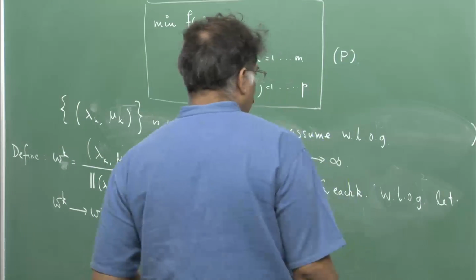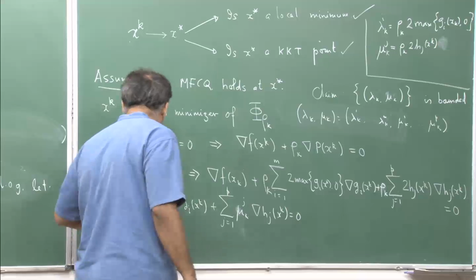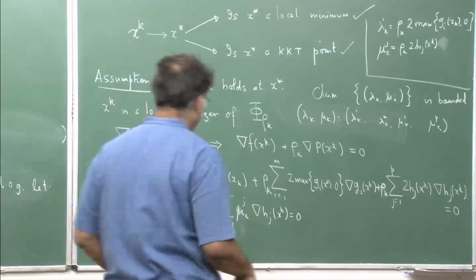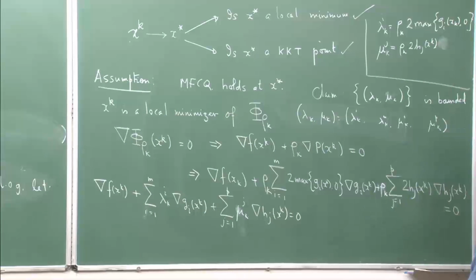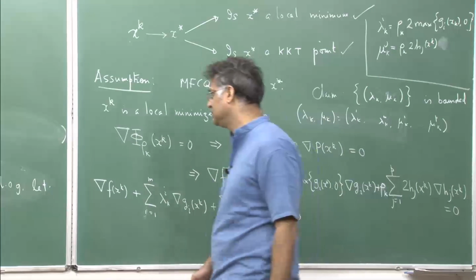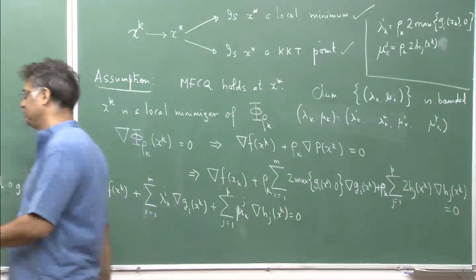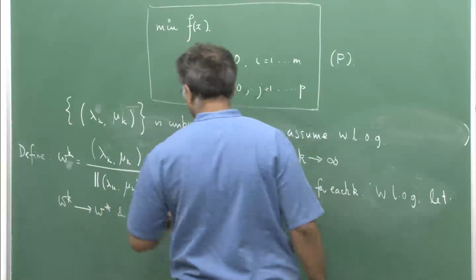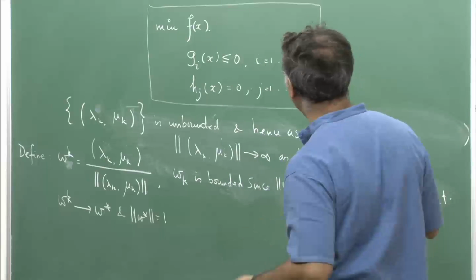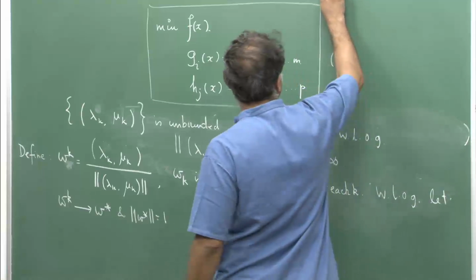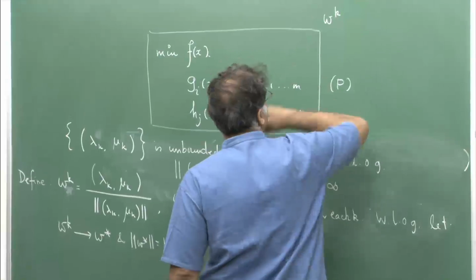Now, how would I handle this thing now? Let me now go and remove the, here I divide all the things by 1 by norm of this. Basically, if you look at the vector wk, how does it look?